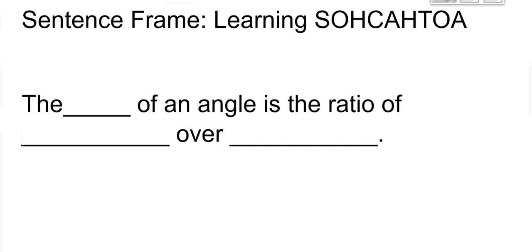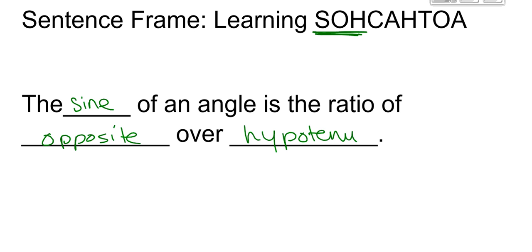Now, my next slide is a sentence frame about learning SOHCAHTOA, and we'll do that maybe tomorrow when I'm here. The way it'll work is I'll point to this piece, and then I'll call on you, and you'll say things like the sine of an angle is the ratio of opposite over hypotenuse. So you'll fill in the blank just by reading this. You won't be writing it as we go.